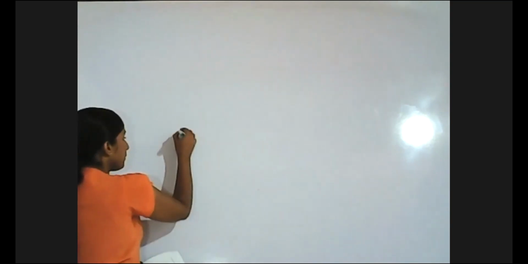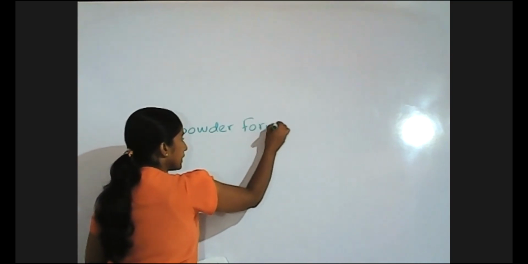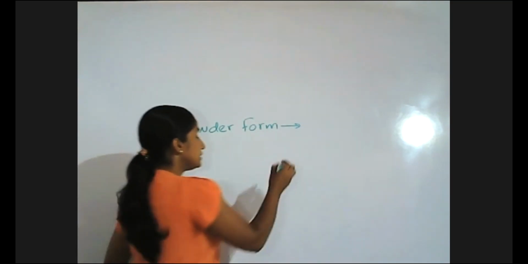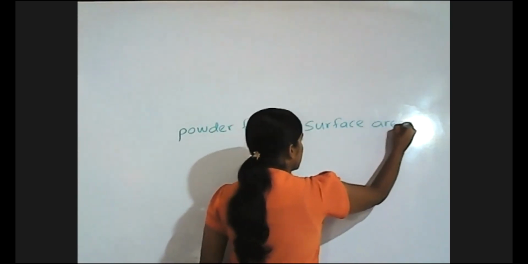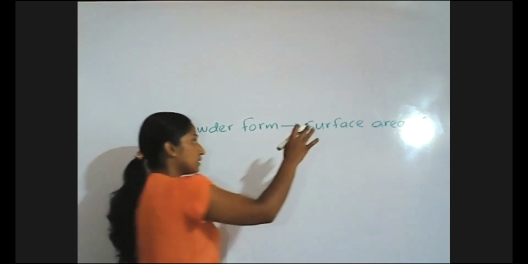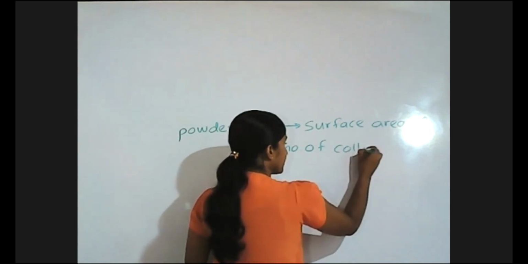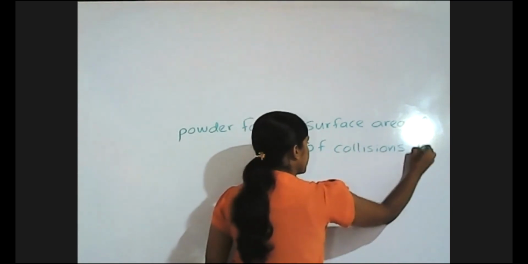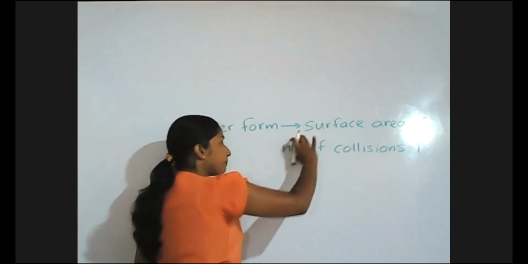the reason for this. Explain briefly, then step by step you have to reason. Equal mass of powdered calcium carbonate was used. What happens here? In powder form, surface area increases. When the surface area increases, the number of collisions increases. They asked to explain briefly, so you have to write step by step.